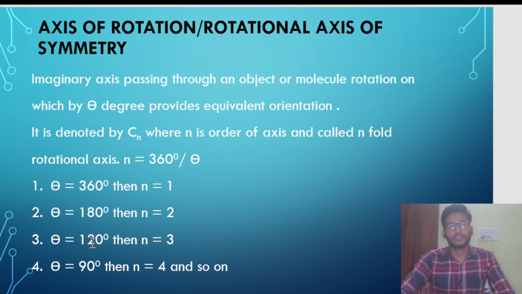When theta is 120 degrees, then n is equal to 3, and in this case the rotational axis is a three-fold rotational axis. And when theta is 90 degrees, then n is 4, and in this case our rotational axis is a four-fold rotational axis.